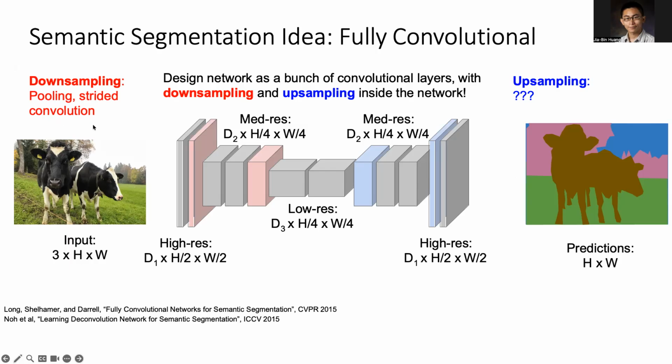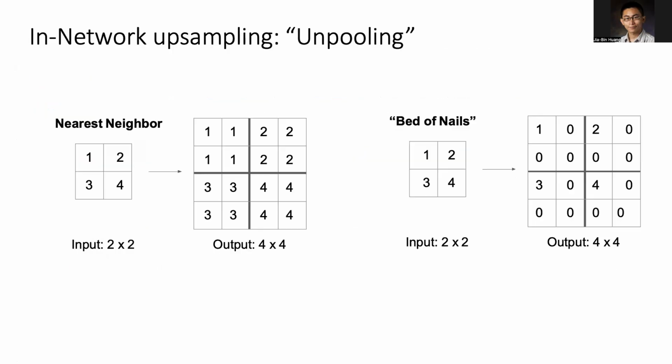This is very easy. But how about upsampling? There are actually many different approaches. If you have a 2 by 2 kernel response, like 1, 2, 3, 4, then you can do the upsampling like this.